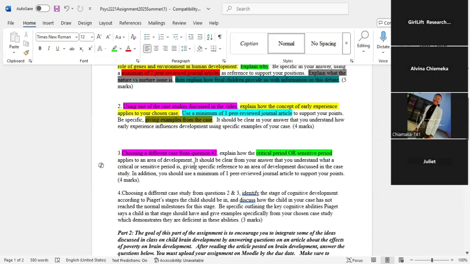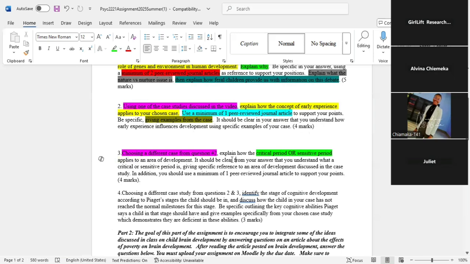Okay, so I feel like this part, explain how the critical and sensitive period applies to an area of development, implies that you have to understand what a critical period or sensitive period is, which is already indicated in the second sentence.